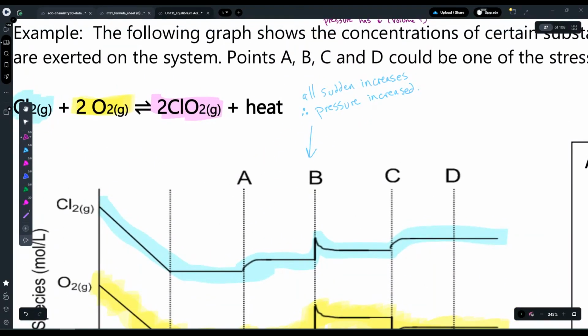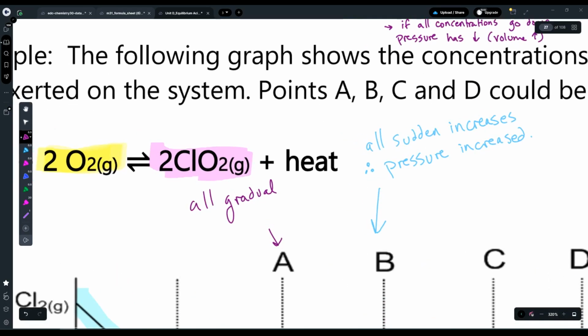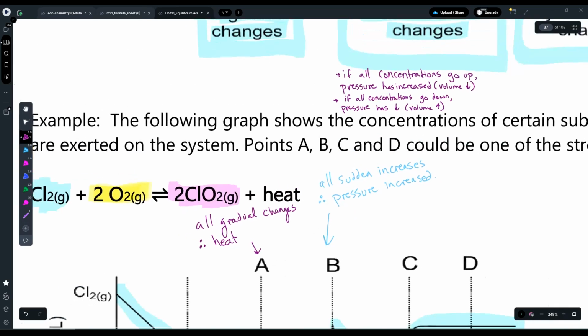And I'm going to do the same for point A. So all gradual changes, therefore, so that's what the 3 dots mean. The stress is heat.